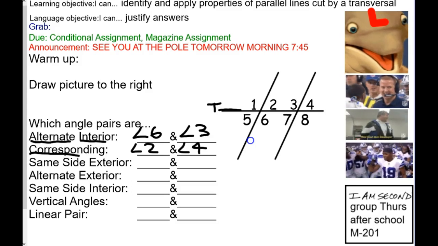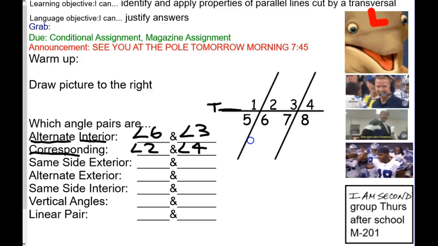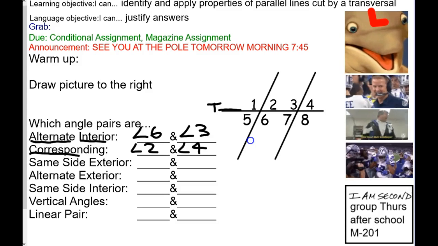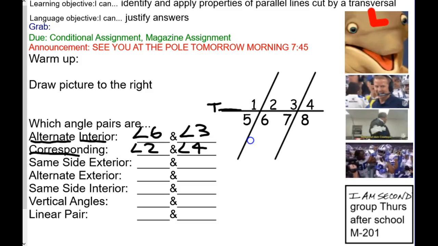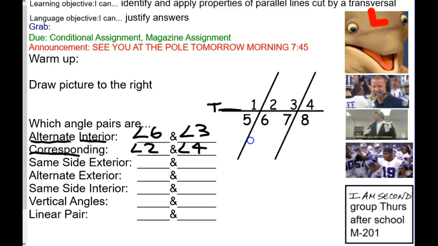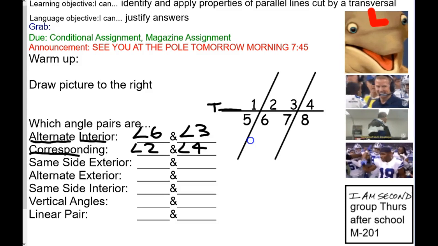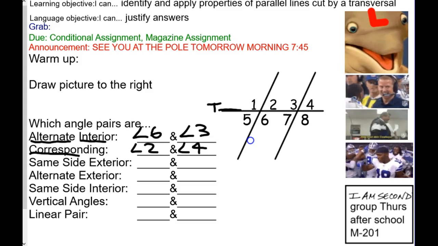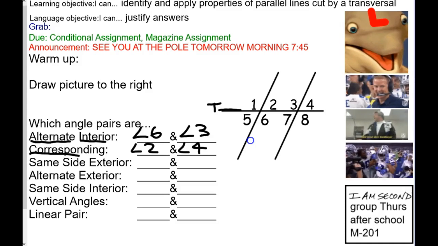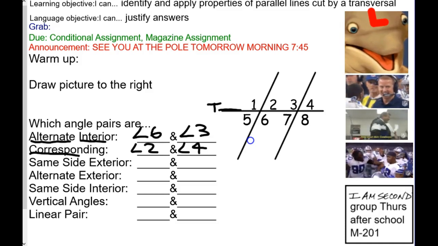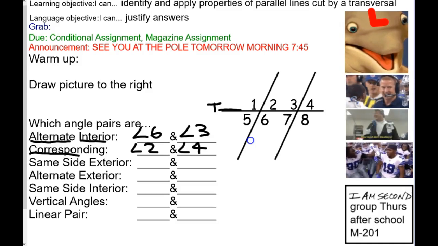What about 6? 6 is corresponding to what? You don't know? Let me explain it again. 6, you're looking for on the same side of this transversal, one's in and one's out. So which one's out over here? 8. See how it's bottom right, bottom right? That's corresponding. Cool? So 6 and 8 is another example.